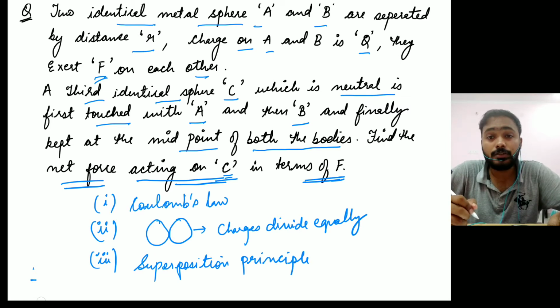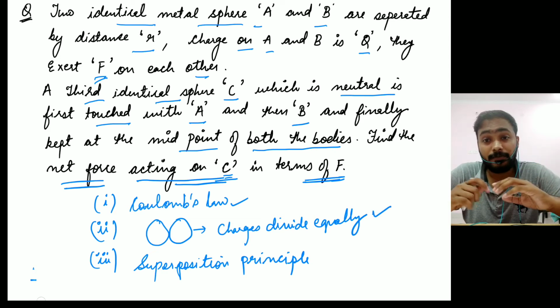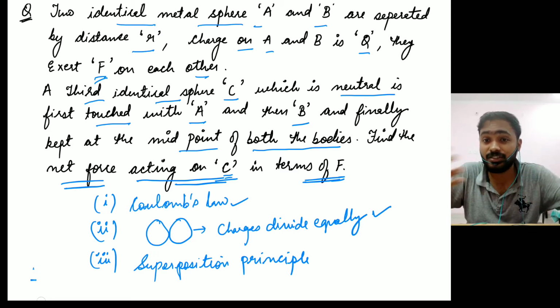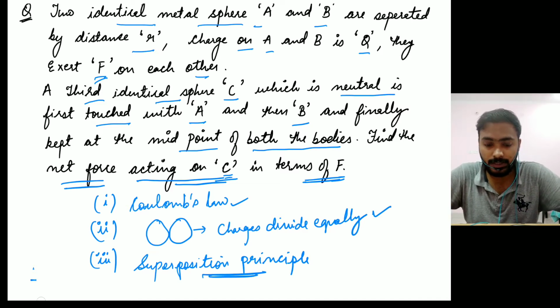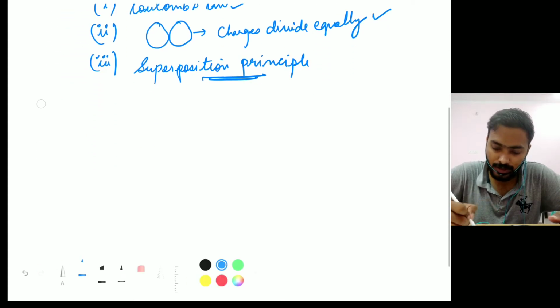So three things: first, Coulomb's law is used. Second, whenever we have two identically charged bodies and they are touched, the charges divide equally. Third, the superposition principle will be in play over here. If that is understandable, let's go to the question.